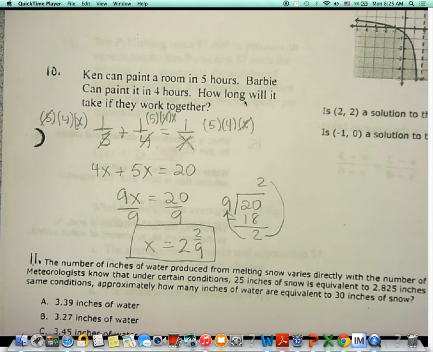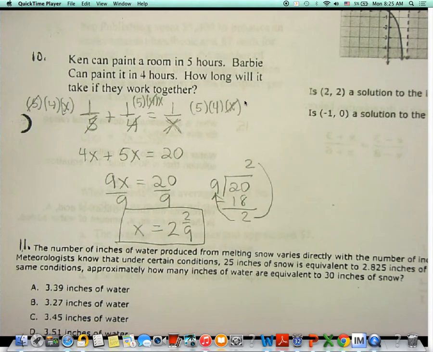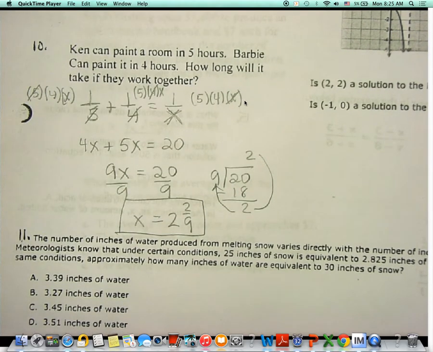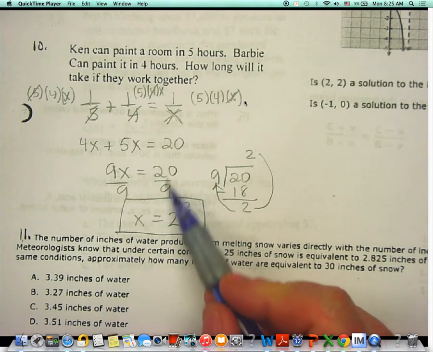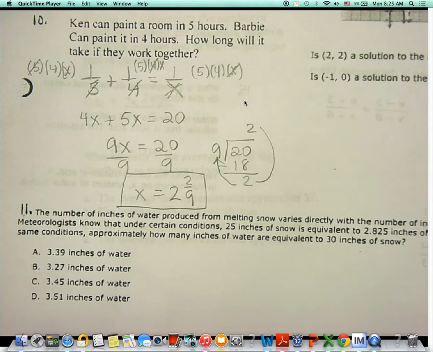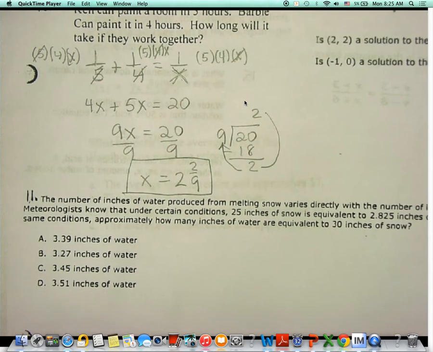So you get 2 and 2 ninths? You don't have to put it like that, you can leave it as 20 over 9. Or also just like 2.2. It just depends on what the answer choices are. It could be like 2 and 2 ninths, or it could be 20 ninths, or it could be what you said. Just got to be able to do all of them.